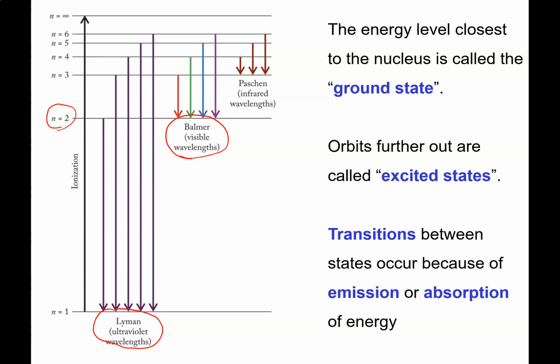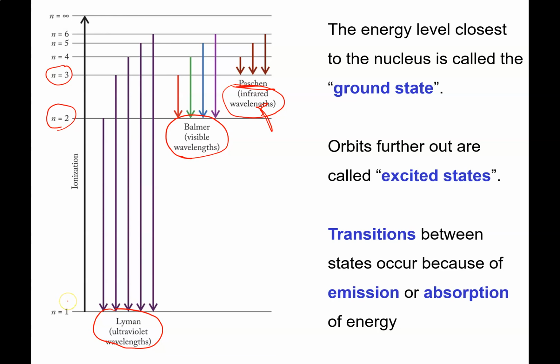And when an electron falls from a higher energy state down to the n equals 3 level, then a photon with a little less energy is emitted, with a wavelength in the infrared, and this is a line in the Paschen series. So that's what Bohr said was going on, and if we wanted to go the other way, then photons would be absorbed.